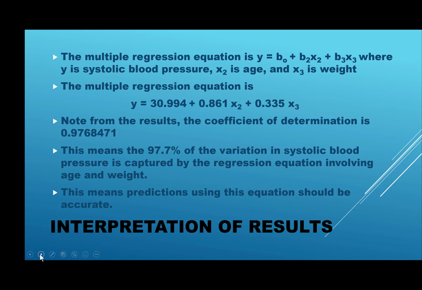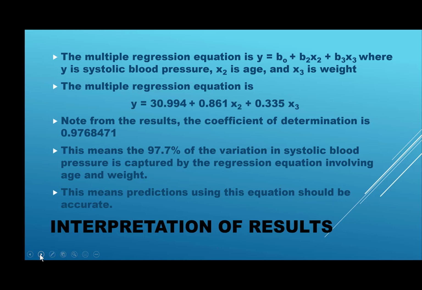So I want to write out my multiple regression equation, and the general form for it is y is equal to B0 plus B2x2 plus B3x3, where y is our systolic blood pressure, x2 is our age, x3 is our weight. So if I take my coefficients from the previous slide and enter them into the appropriate B0, B2, B3, I would get the next equation.